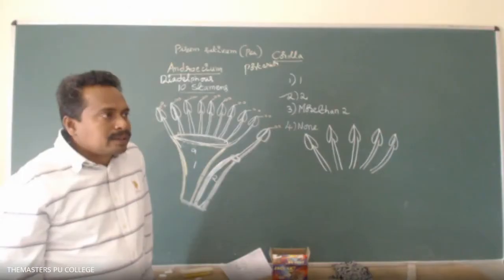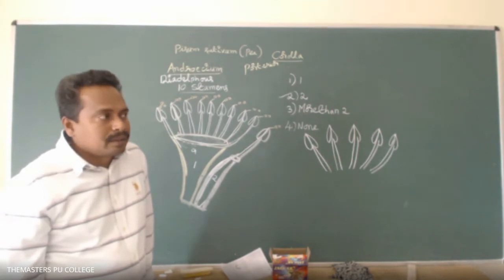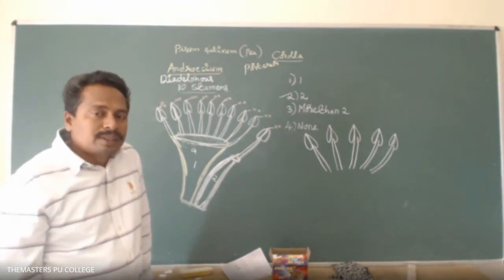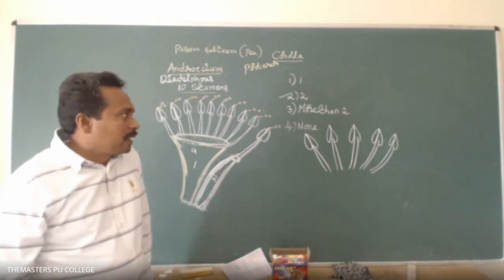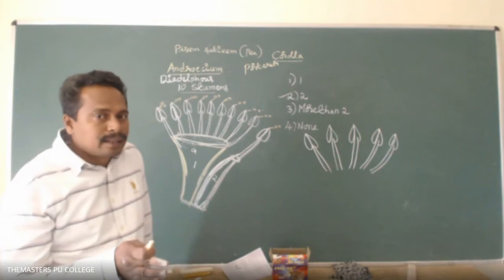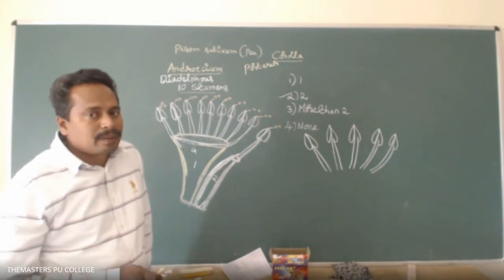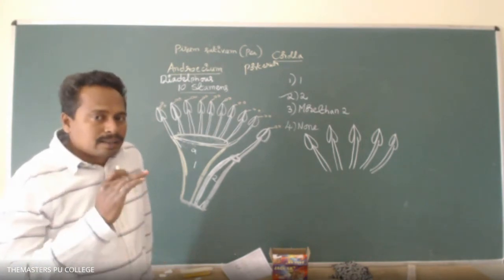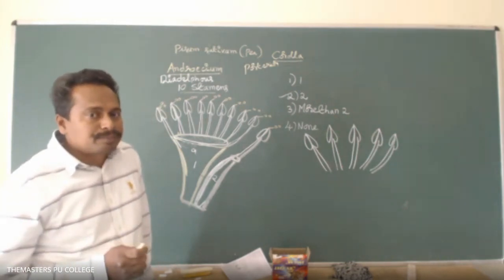Sir, Acacia belongs to which family, sir? Caesalpiniaceae. Yes. Leguminosae, Caesalpiniaceae and Mimosaceae are similar. Earlier, in some classifications, these subfamilies were placed in one family and later separated individually.